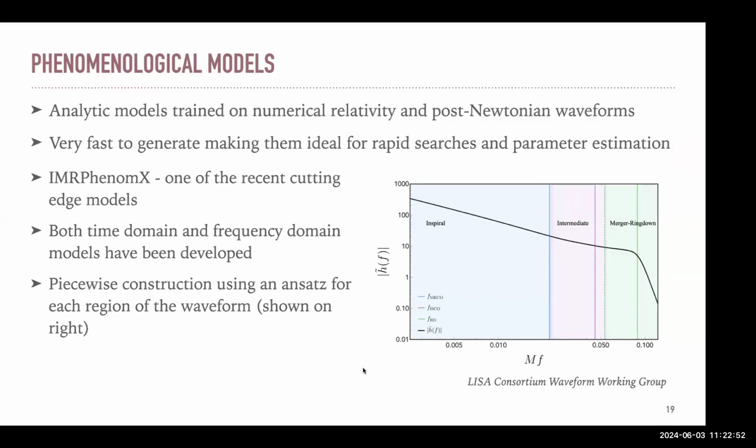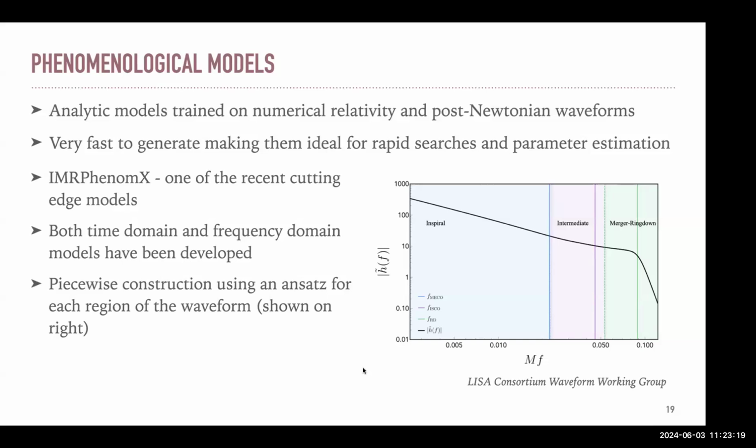Okay, then there are also phenomenological models, which use a physics-informed ansatz that they then train on numerical relativity data and post-Newtonian data, and fit the free parameters that they have. These are really fast to generate, which makes them ideal for searches and parameter estimation, because you can quickly see the initial parameters that led to the gravitational waves that you have.